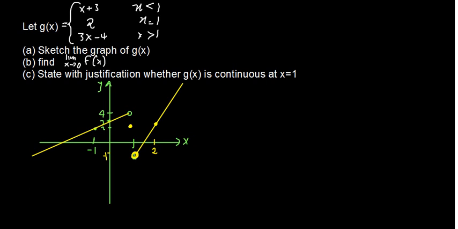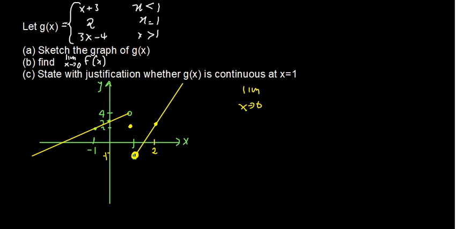And then the next one, find the limit as x approaches 0 of f of x. So which one do we think is going to include 0 for this question? This one is talking about values of x greater than 1, and obviously 0 is not greater than 1. This one is talking about values of x less than 1. That is where 0 is going to be found.